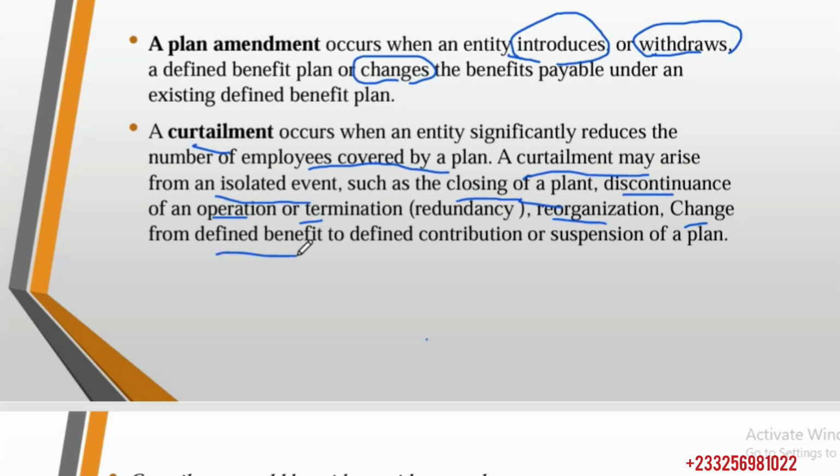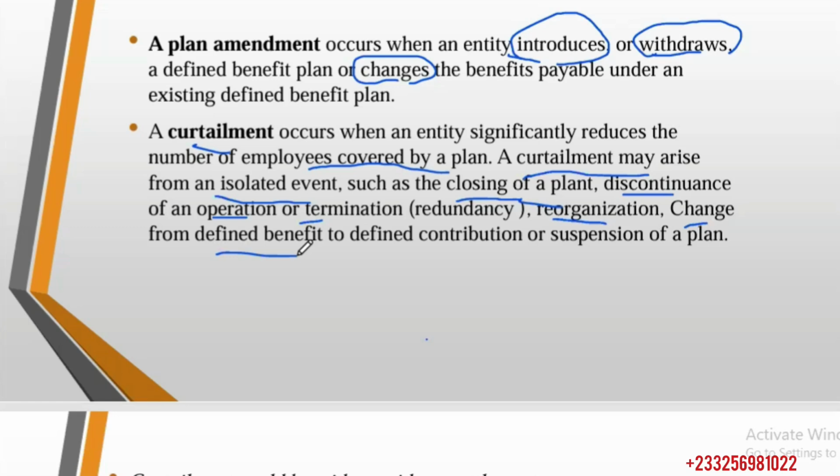So these things here are some of the actions, the activities that can bring about curtailment. These are the things that can make the number of employees reduce. Are you following?